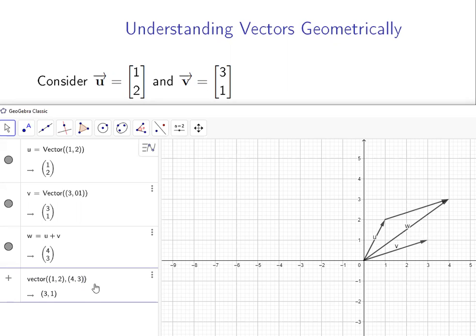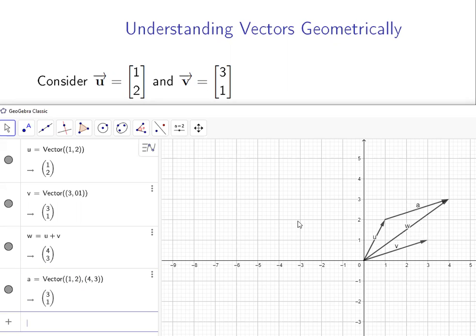You can see that my new vector, vector A, is what you get if I took vector v and just moved it up here.